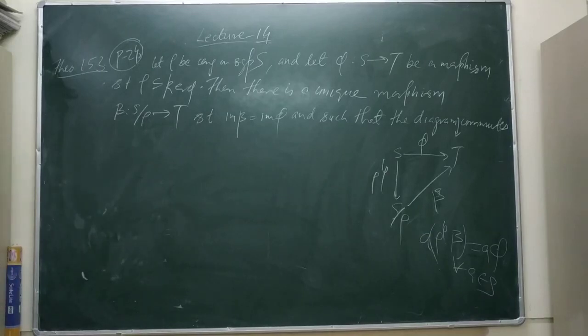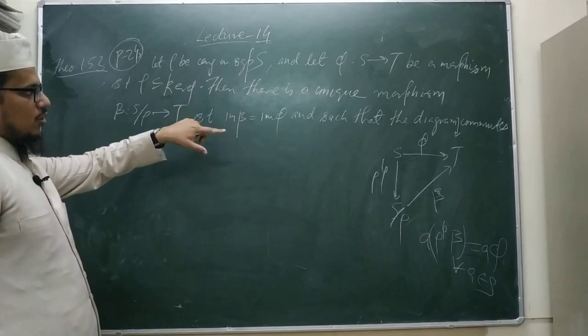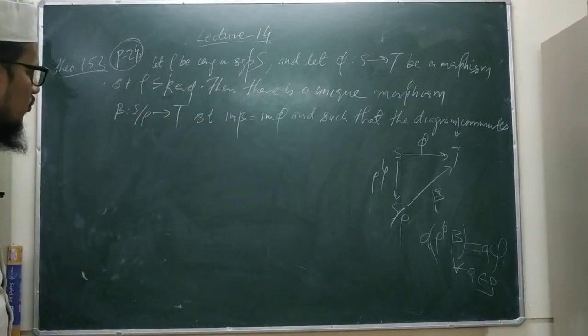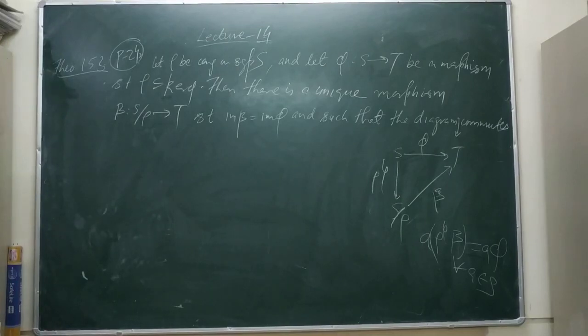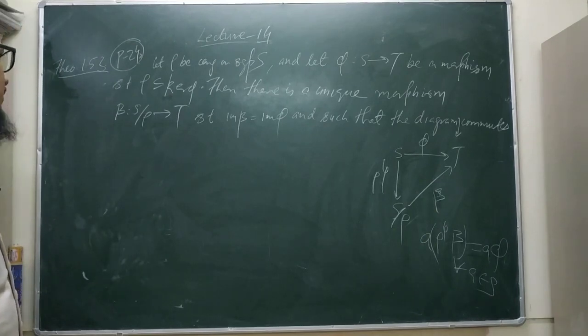So now, first, understand the problem. Rho is a congruence on semigroup S, given; phi from S to T is a morphism, given; and rho is contained in kernel phi. Also remember kernel phi is also a congruence here because phi is a morphism, correct? Now what do we have to prove? We have to prove there is a unique morphism beta from S by rho to T such that image beta is equal to image phi, and such that the diagram commutes.